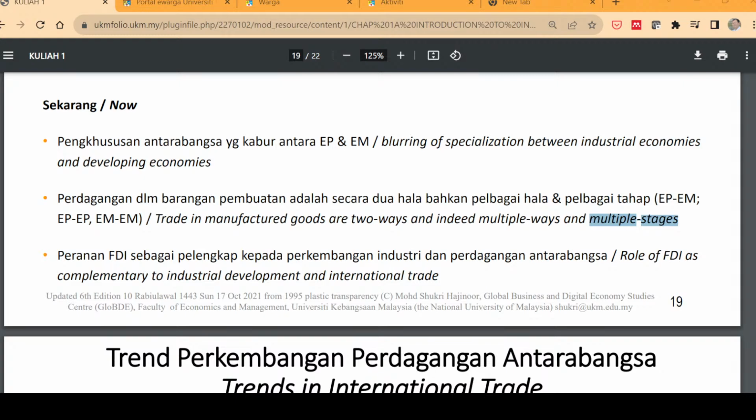More FDI going all over the world will generate more trade. Because why? With FDI, you bring your components there; you export products, components, machinery from your country to that country. You also need materials.